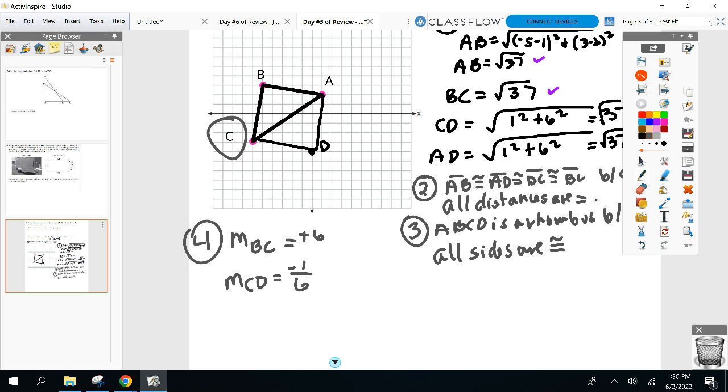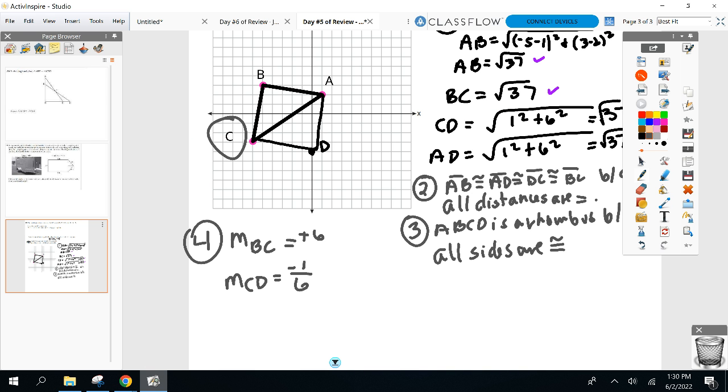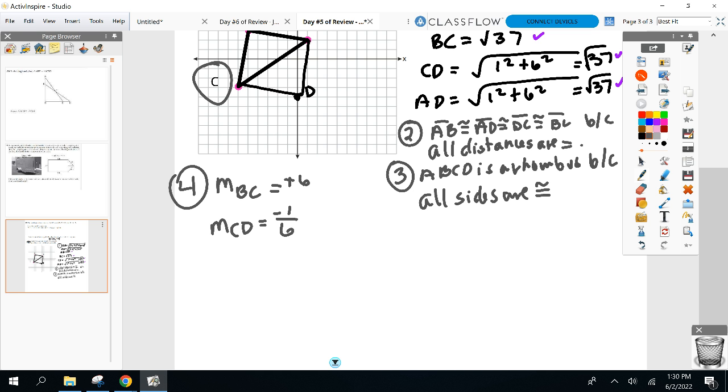Notice anything about those that should happen? What do I notice about those two slopes? What's the relationship? Okay, that's a fine term too. We use negative reciprocals, but you get credit for opposite reciprocals too. So CD is perpendicular to BC, because slopes are negative reciprocals.